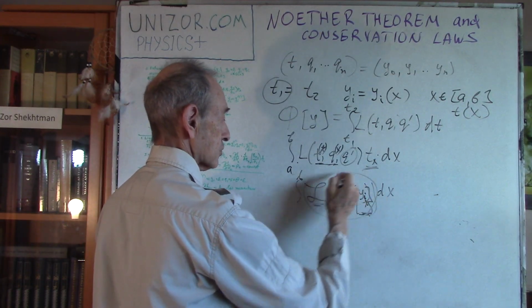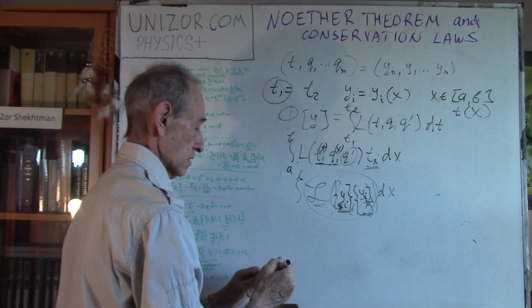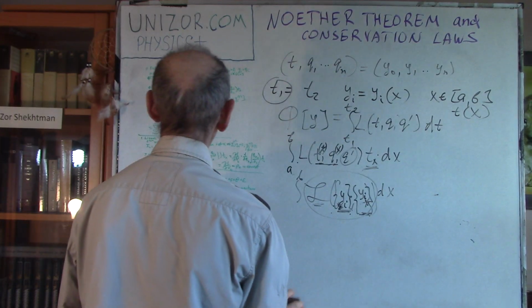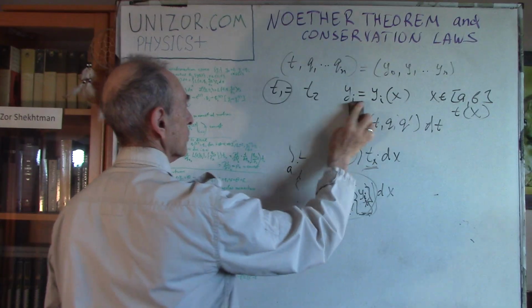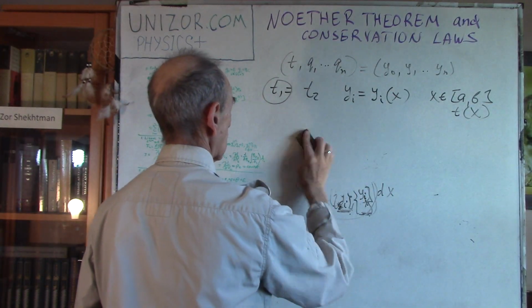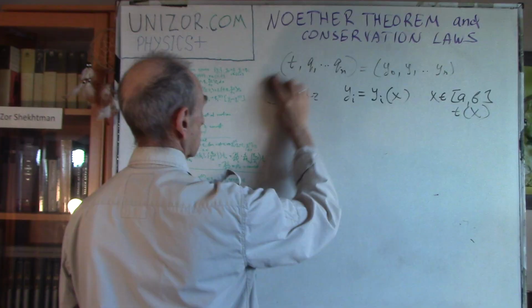So now it's a function of x, and in this terminology we have come up with the Noether theorem, which we proved in the previous lecture, and I will just put the result here.